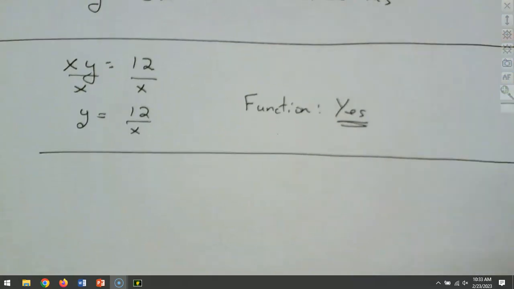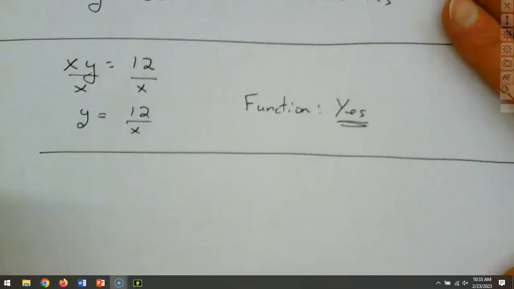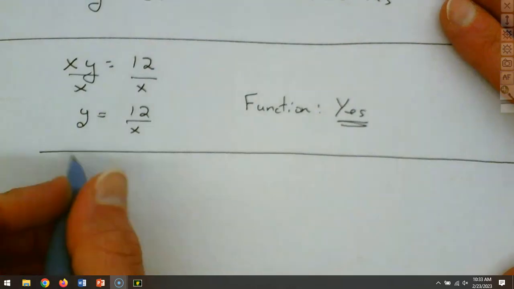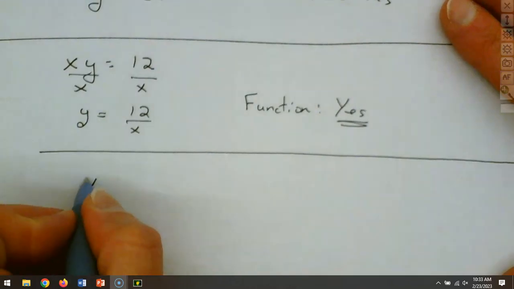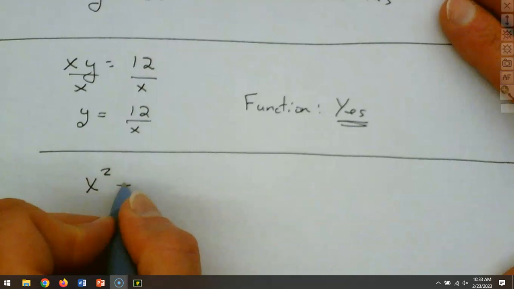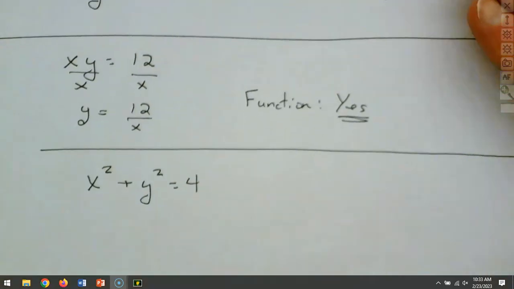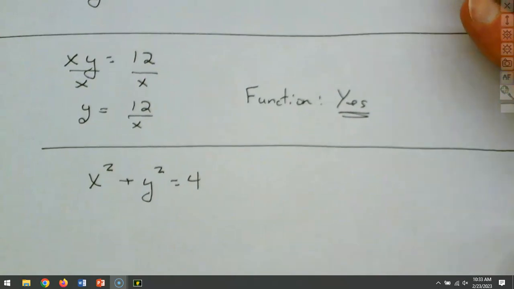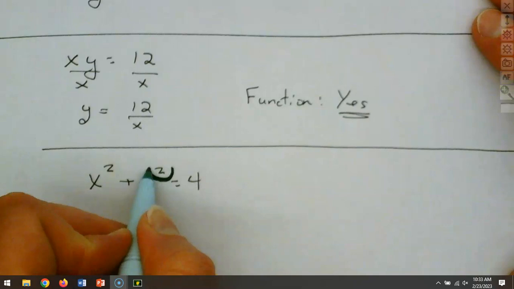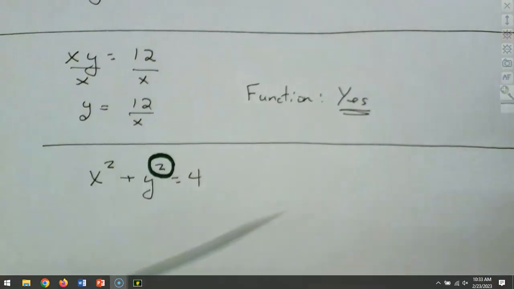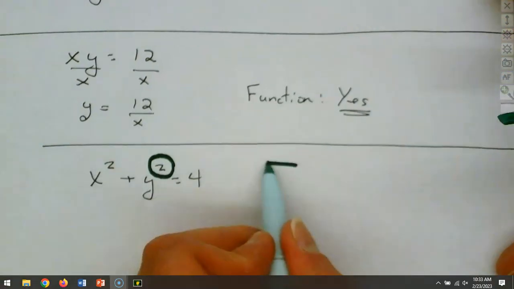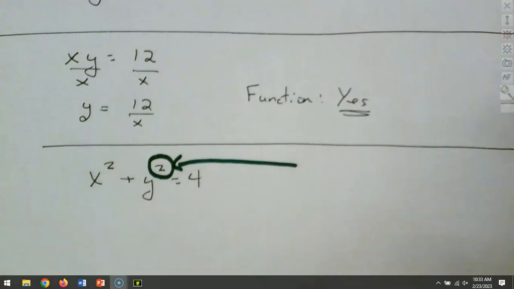Now, what about this one? Would this one be a function, yes or no? No, it is not going to be a function. Why not? Because you have a square on that y. So because of that square, that makes it not a function.